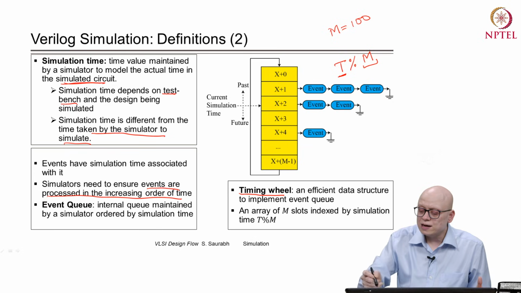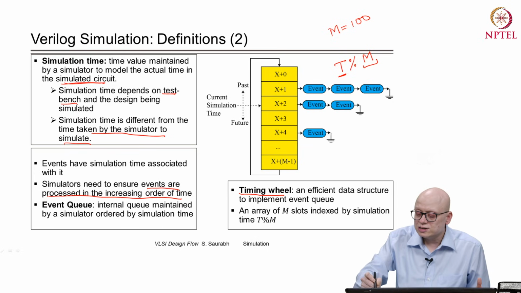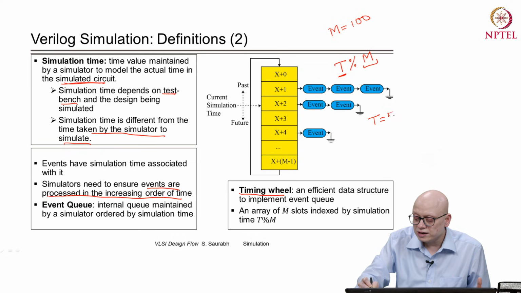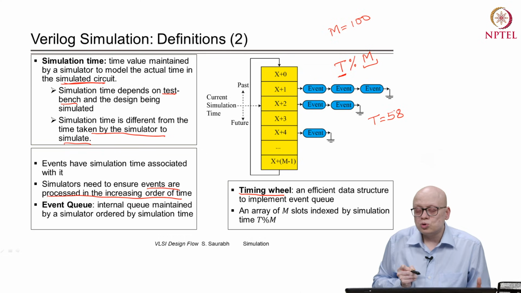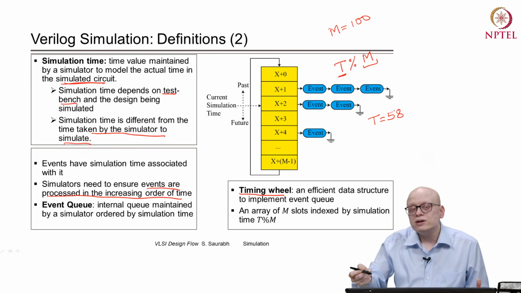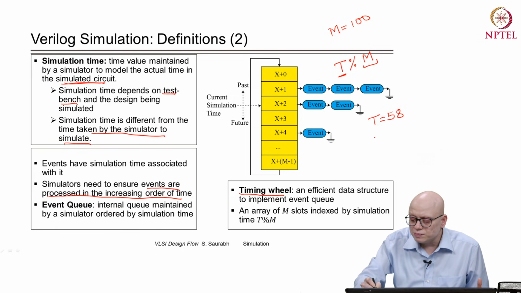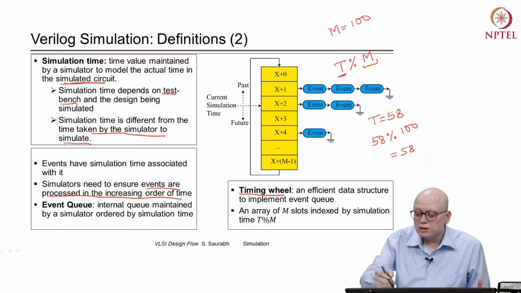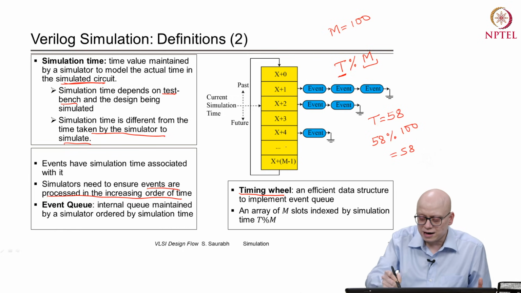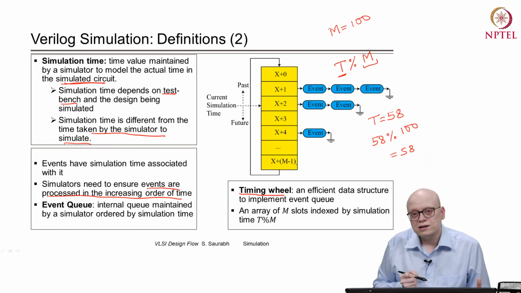For example, if we consider a time of 58, what will be the slot corresponding to the simulation time 58? It will be 58 modulo 100, which is 58. So, it will go to slot number 58 in this timing wheel.